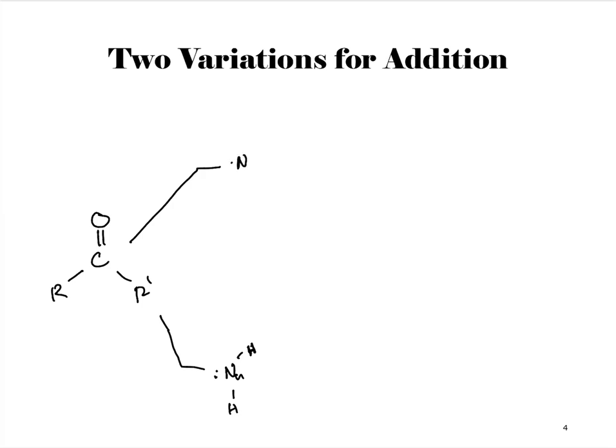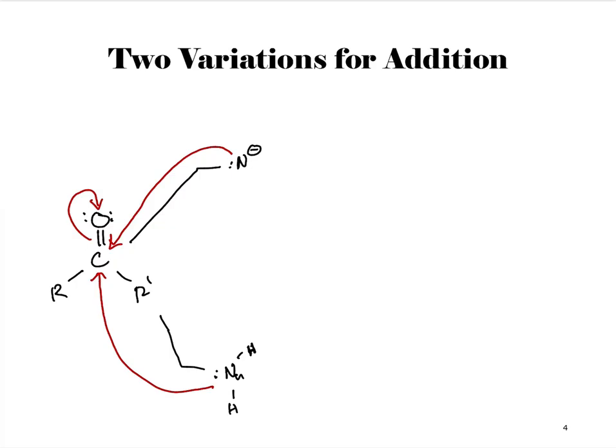And then the negatively charged nucleophile up here, both of these are going to be attacking the carbonyl carbon. And when they do that, the electrons from the pi bond between them then go on to the oxygen atom. We already have the two lone pairs here.